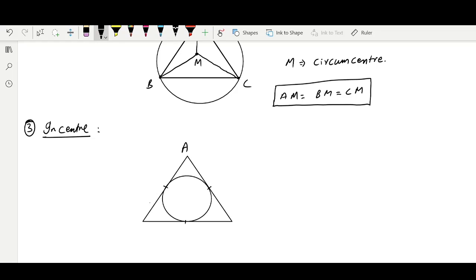Okay, A, B, C. So this is known as incircle, and the center of this incircle is known as incentre.